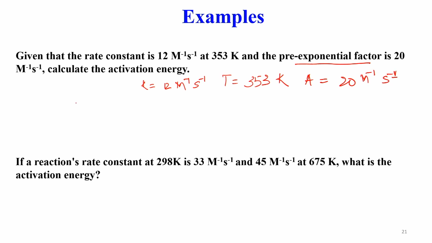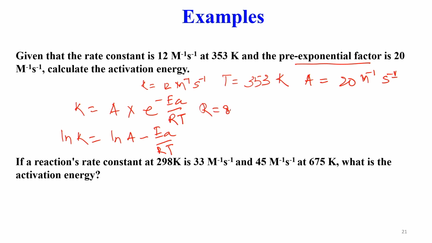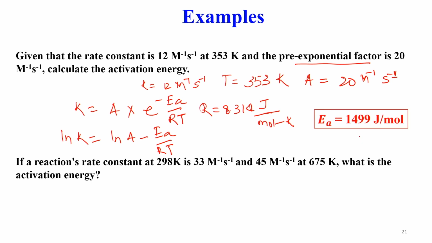Here we can directly apply the first equation, k equals A into e to the power minus Ea upon RT, so ln k equals ln A minus Ea upon RT. R is the gas constant, so the value of R will be 8.314 joule per mole Kelvin. If you apply this, we end up with the value of Ea, that is 1499 joule per mole.